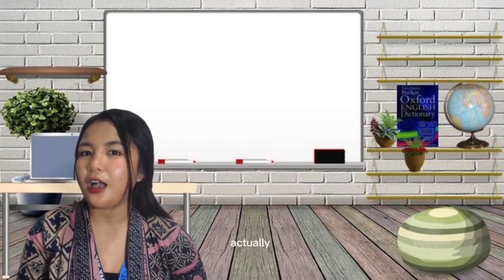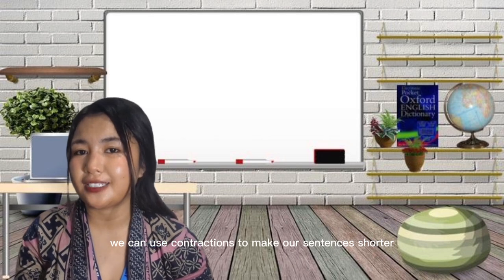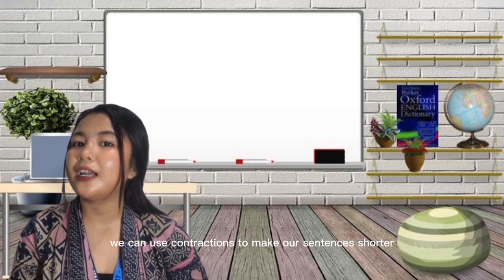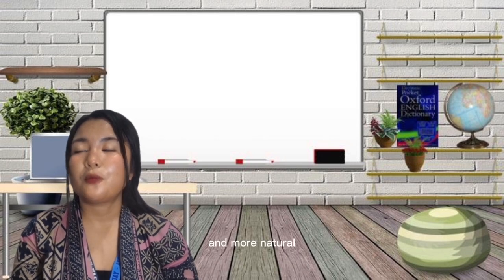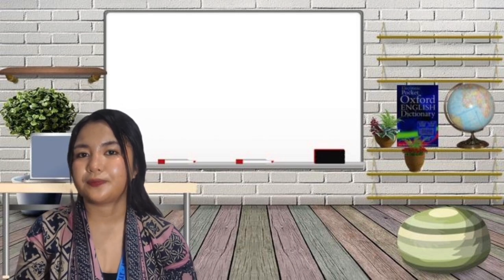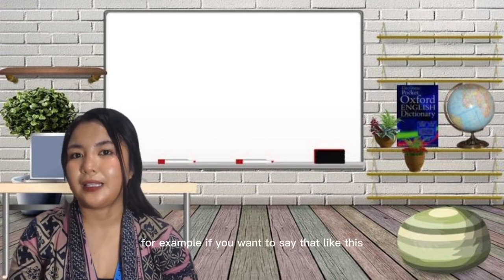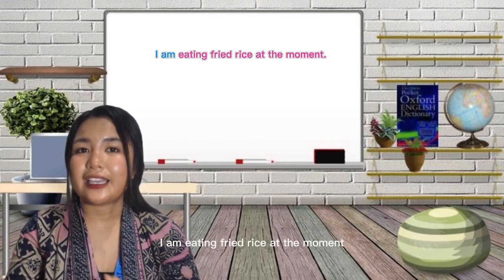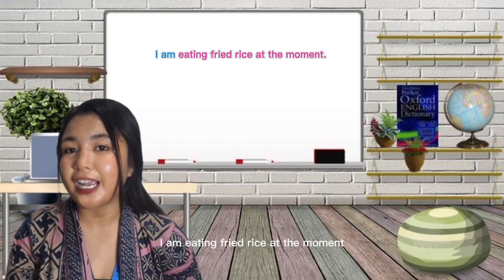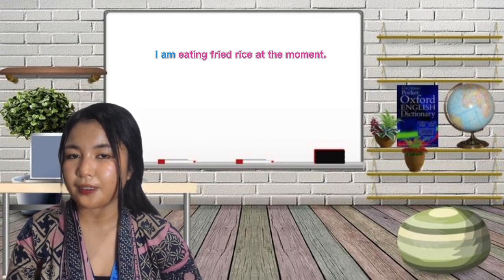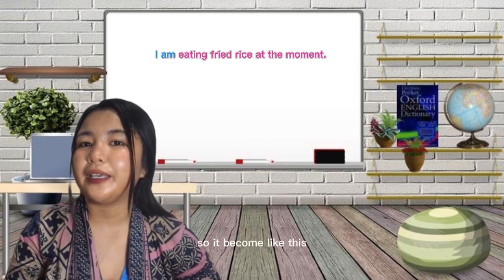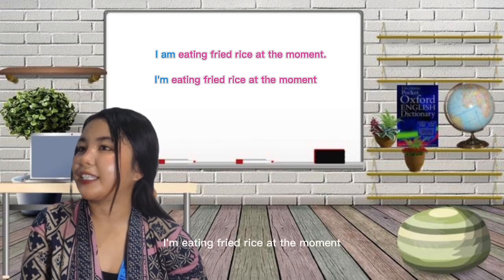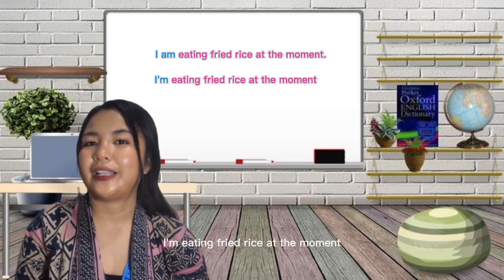Actually, we can use contractions to make our sentences shorter and more natural. For example, if we want to say, I am eating fried rice at the moment, it becomes like this: I'm eating fried rice at the moment.